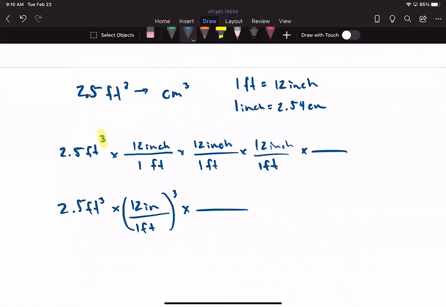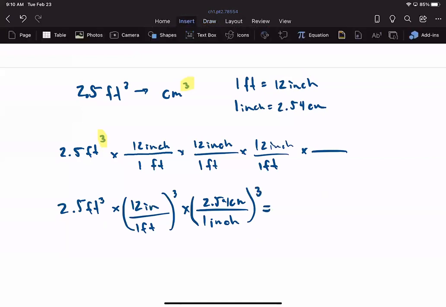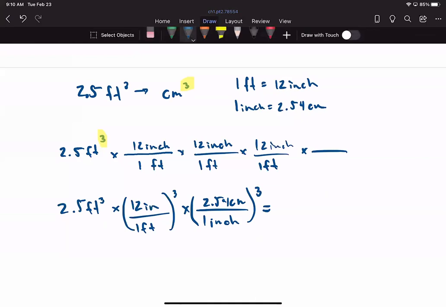Because I'm in inches cubed, and we're trying to get to centimeters cubed, we would use 1 inch over 2.54 centimeters, but we're looking for centimeters cubed here, which means I also have to cube that as well, and I would have some answer. And we can just go the long way. It doesn't really matter. Let's do both here.